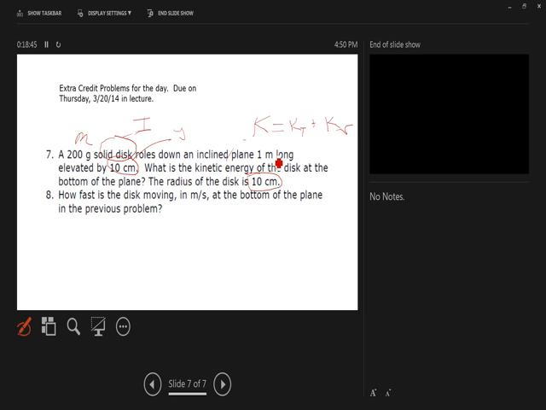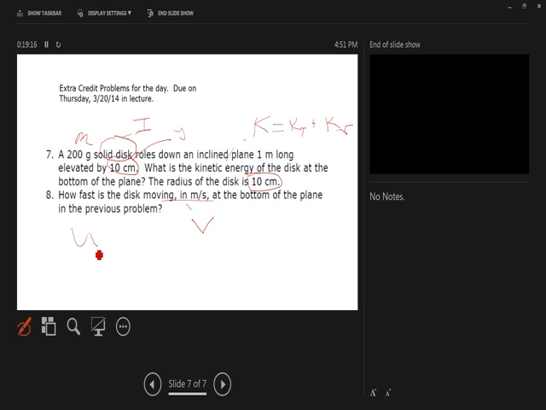So I would use conservation of energy to determine what that is, because at the top it's all potential energy, at the bottom it's all kinetic energy, and there's no friction here. Okay, now at the bottom we want to know how fast is it moving, so we're looking for V, aren't we? Okay. Now at the bottom, if all of the energy is kinetic energy, and that must be equal to the potential energy you had at the top.